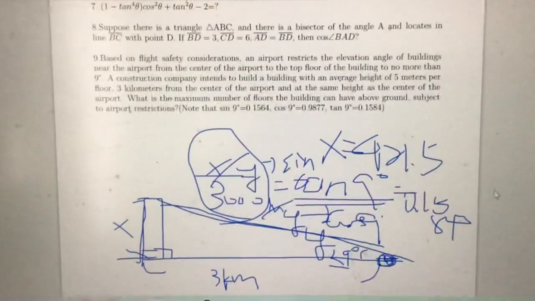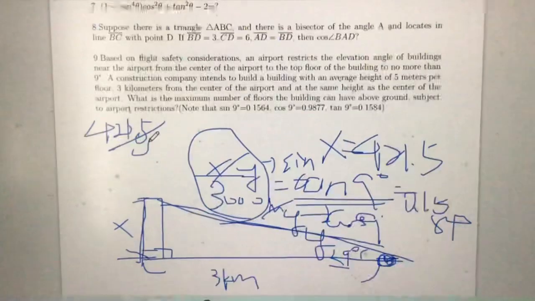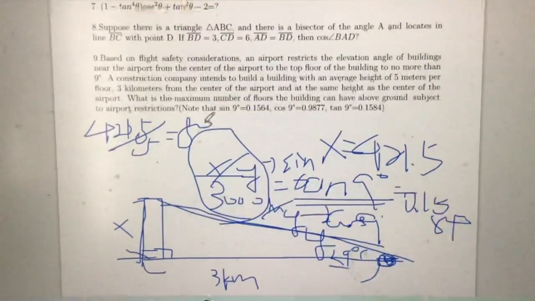And how many floors? Because one floor is equal to 5 meters, right? So the floors will be 421.5 divided by 5. What is this? It will be equal to 84.3, right?